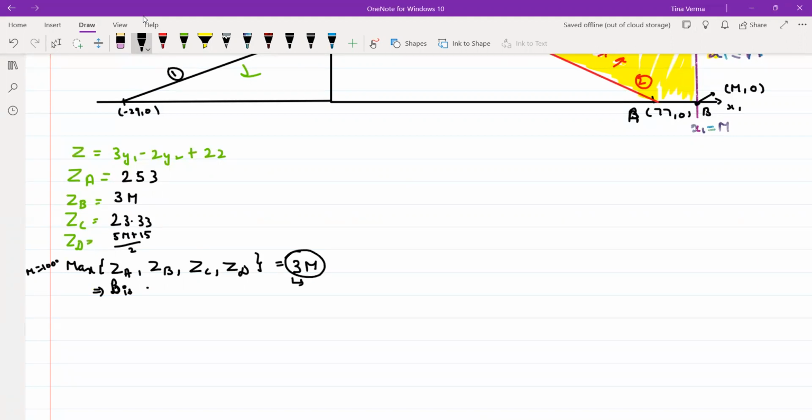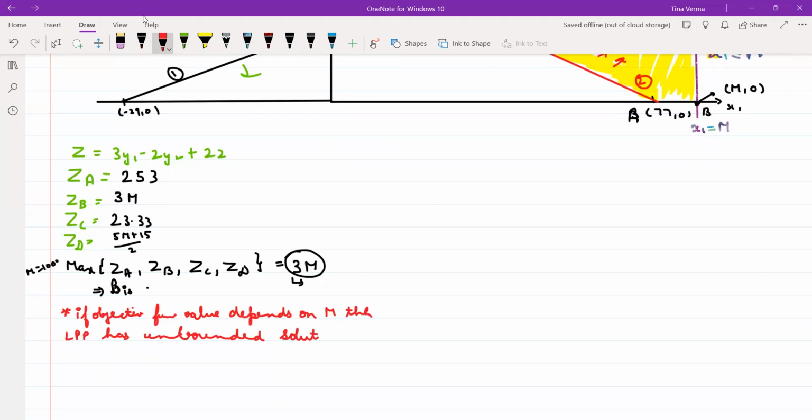We added m for feasibility, so that the region can be bounded. If the objective function value depends on m, which you have added for your convenience, then the LPP has an unbounded solution. Why do we say unbounded? Because the m you took was for your convenience.